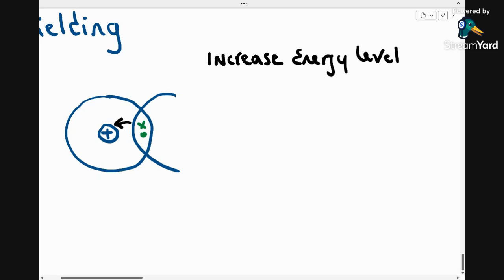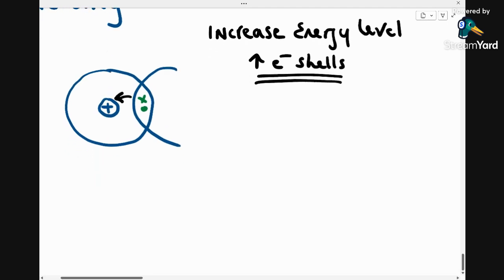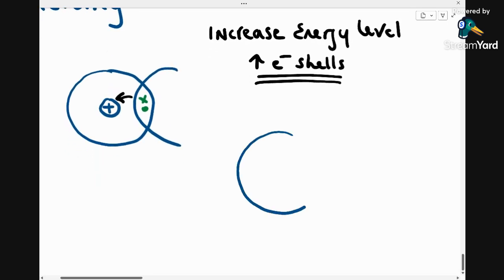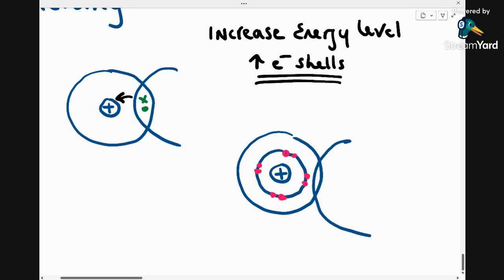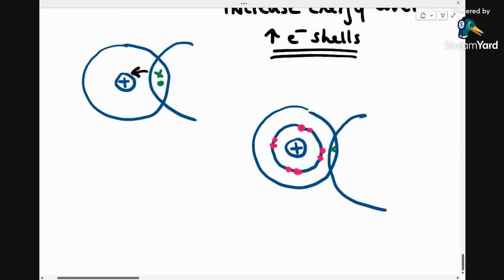in other words, we go to a different period within the periodic table, which I'll show you in a minute, we increase the number of electron shells. So let's just draw this in here. Imagine we get another atom here where actually we have 2 electron shells, where we have electrons existing all around, just to make the point, and we're forming a covalent bond here between these electrons in green.